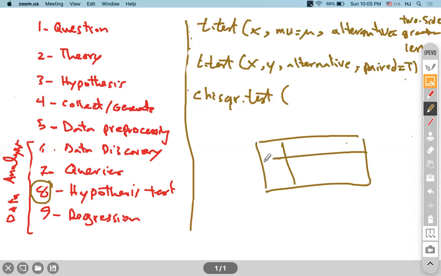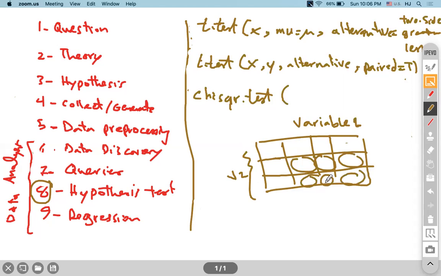If you have two variables, you need to have the first variable here, number one, and variable number two here. All values in variable number two should be here, and all values in variable number one should be here. And what you get here is the number of occurrences of each one of them.